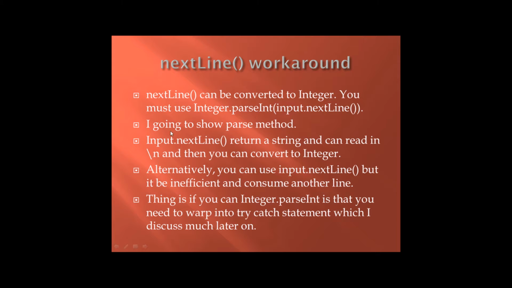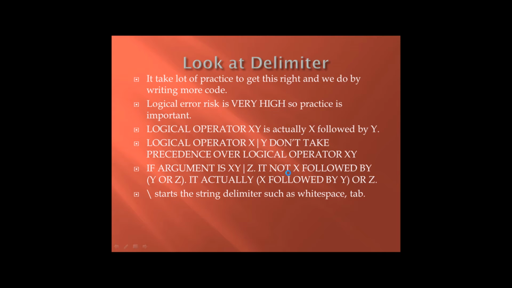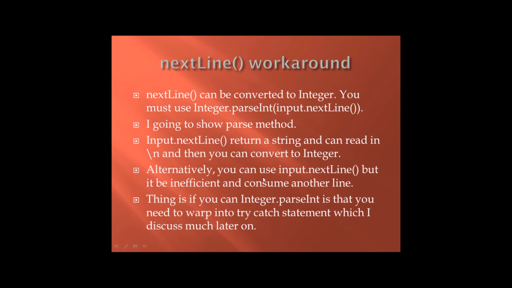Be careful there. I'm going to show a couple of parse methods. Input nextLine returns a string. It can read in the \n, and then you can convert it to an integer. Alternatively, you can use input nextLine, which consumes another line.